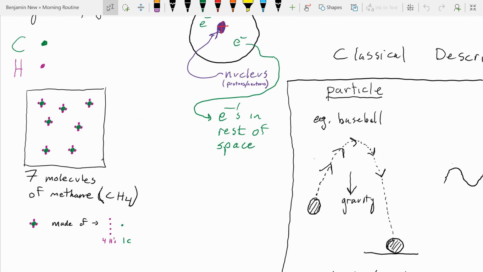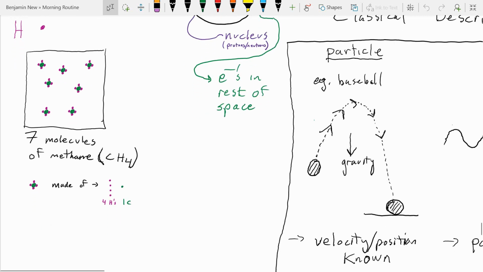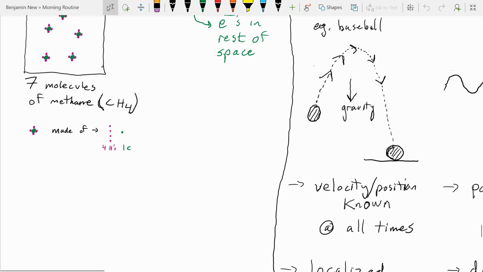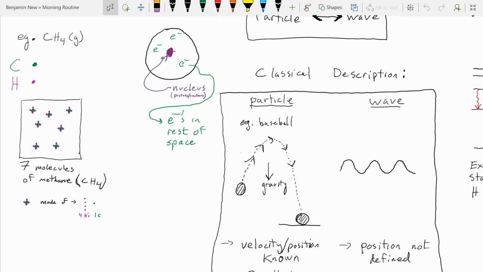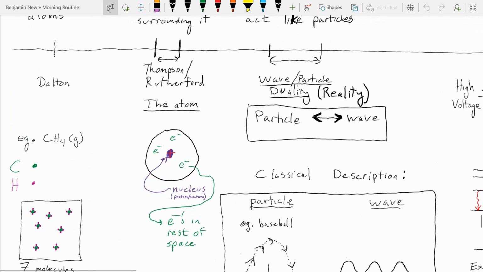So within here we have 7 molecules of methane, each of which, if we pluck all of the hydrogens off each of the carbons, each methane molecule is made up of 4 atoms of hydrogen and 1 atom of carbon. Okay, so that was a huge discovery in the 1800s.